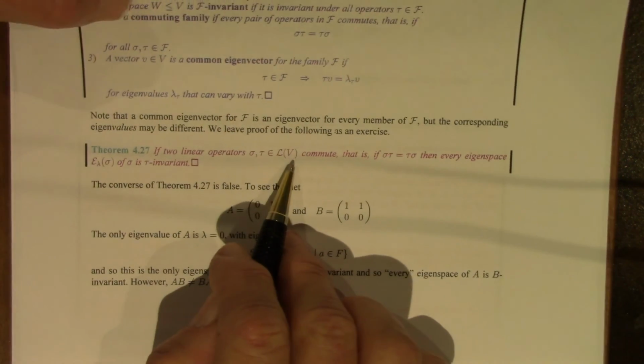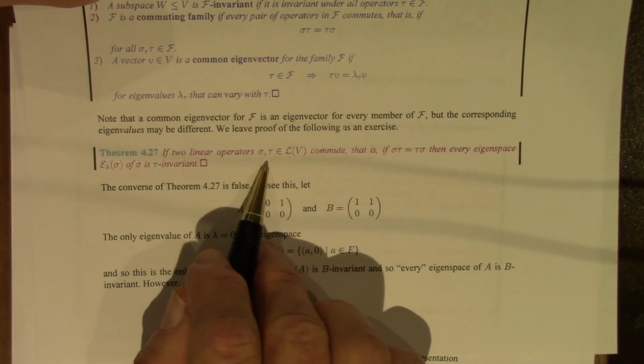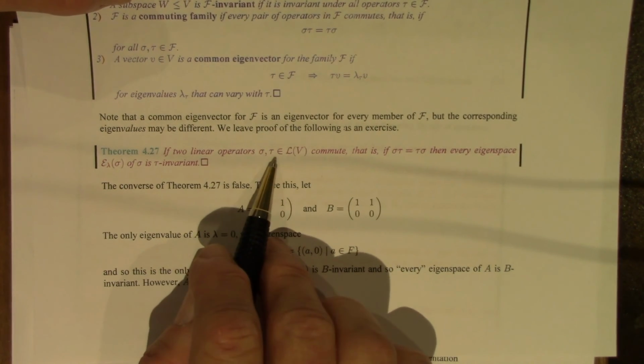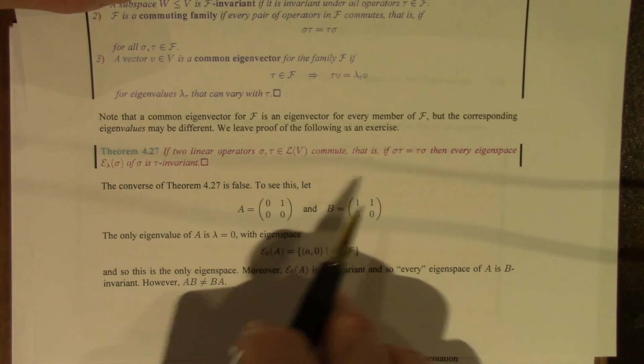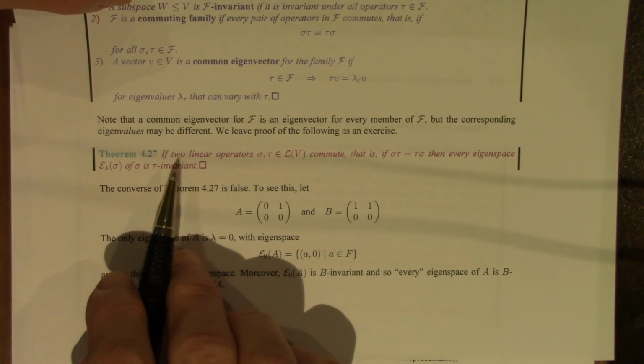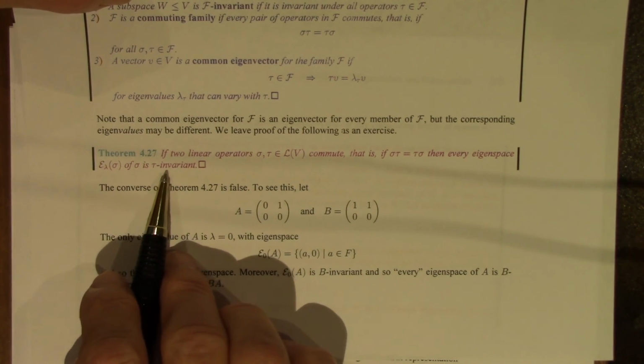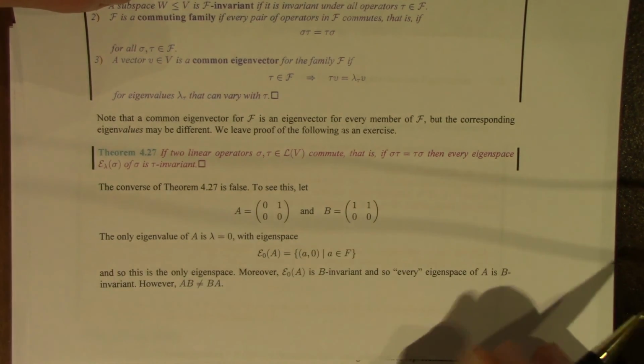So the converse of this does not hold. Okay? Just because every eigenspace of sigma is tau invariant doesn't mean that the two operators commute.